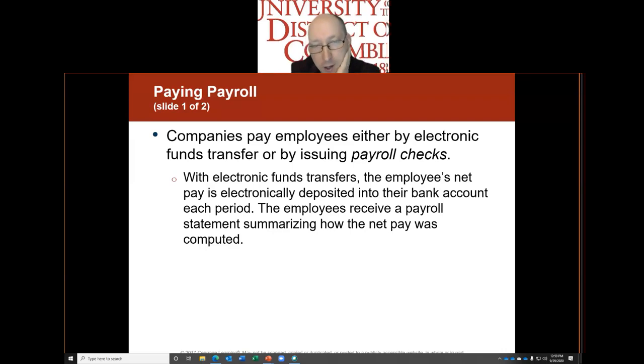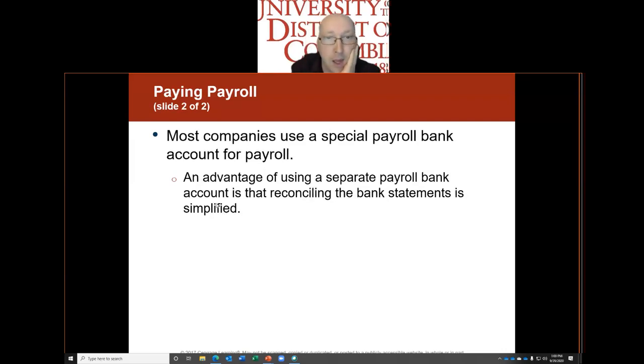Everyone's doing banking online these days. Most companies use special payroll bank accounts for payroll only. It's really important that employers separate the payroll bank account from their regular bank account. This is because we don't want things to get all muddied up, especially when it comes to taxes.